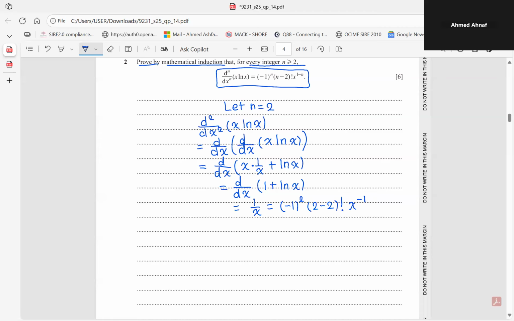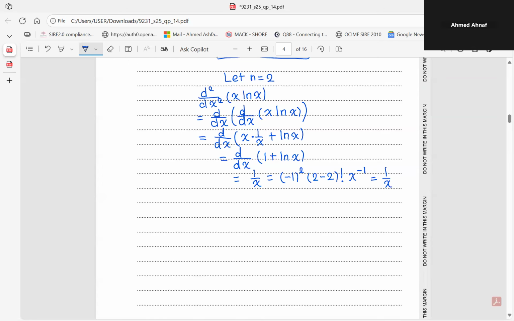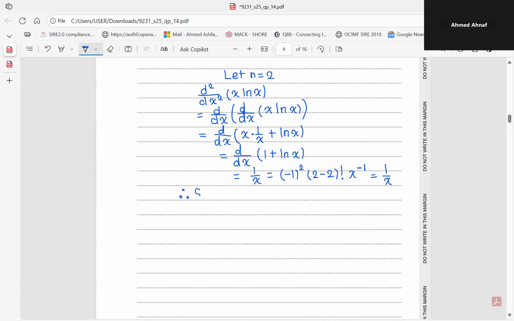So as you can see, this right-hand side is just equal to 1 over x. And so we can say, since left-hand side is equal to right-hand side, the case for n equals 2 is true.